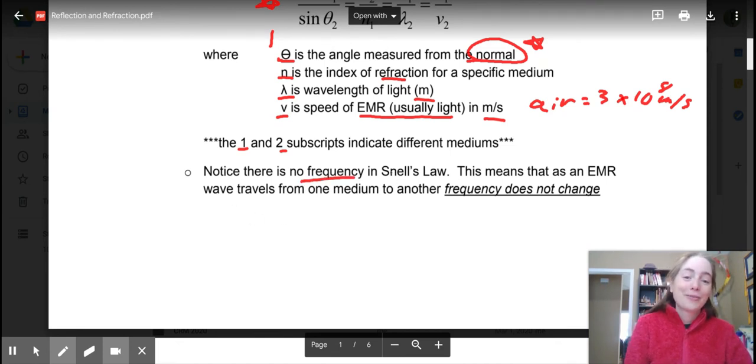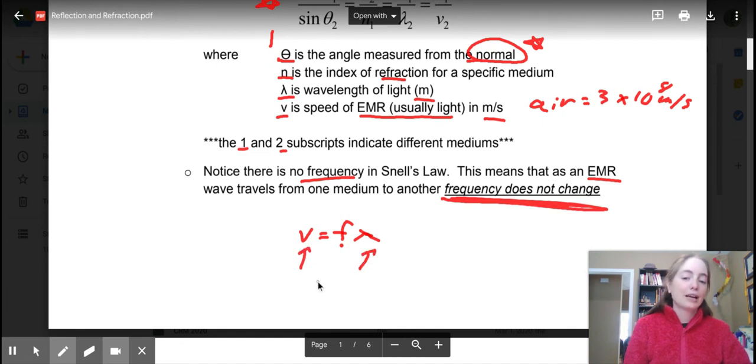No frequency. What this is telling us is that the frequency of the EMR stays the same. Frequency doesn't change. But when we look at our equation, v equals f lambda, if frequency stays the same, that means both velocity and wavelength are going to have to change. Frequency stays the same, but both of these will change. Sounds good?